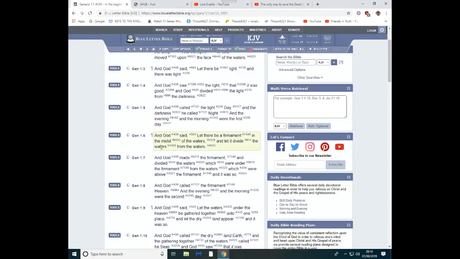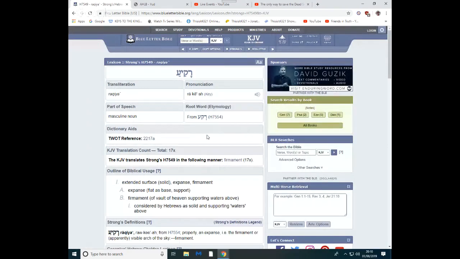And then in Genesis 1:6, and the Most High said, "Let there be a firmament," which is this number, H7549, Rakia, which means extended surface, a solid expanse or firmament, vault of heaven supporting waters above, considered by Hebrews as solid and supporting waters above.